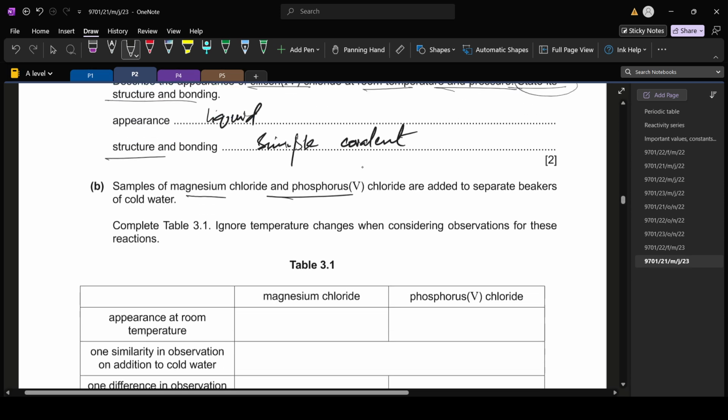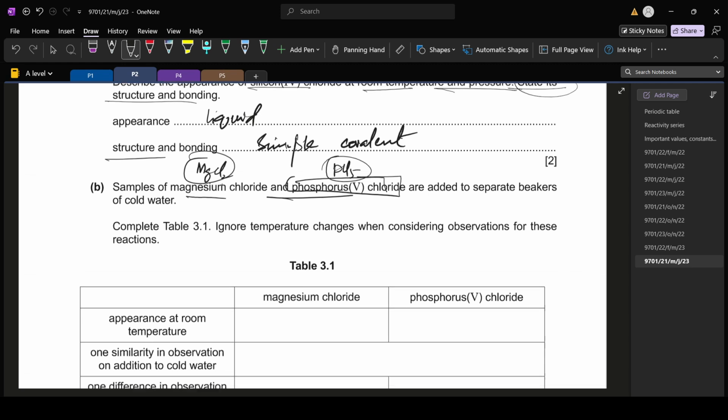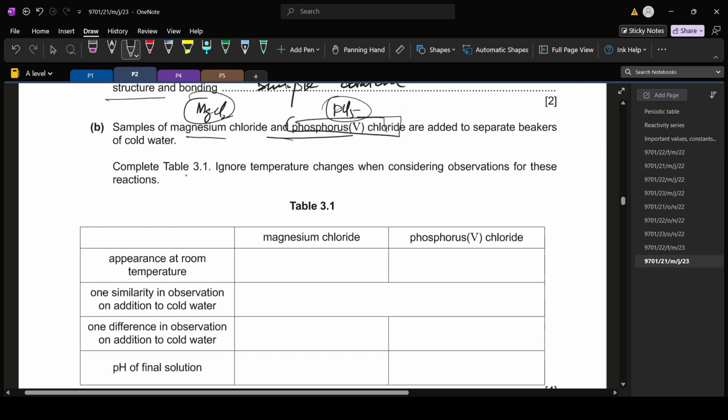Okay. Now part B, the samples of magnesium chloride and phosphorus 5 chloride are added to separate beakers of cold water. Now you have to remember this PCl5 is a covalent compound and magnesium chloride is an ionic compound, so they will react with water differently. Now complete table 3.1, ignore the temperature changes when considering the observations for these reactions.